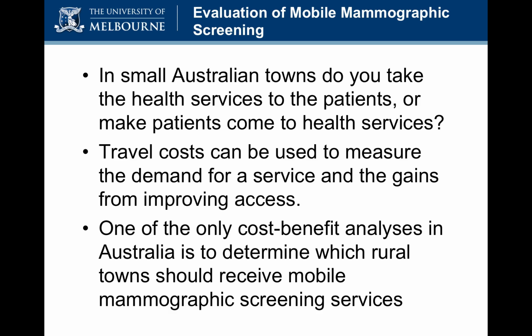And what we did in this study was use travel costs to try and estimate the value women placed at different distances from existing screening sites. It's one of the relatively few examples of cost-benefit analysis to evaluate a healthcare program in Australia and indeed even internationally.